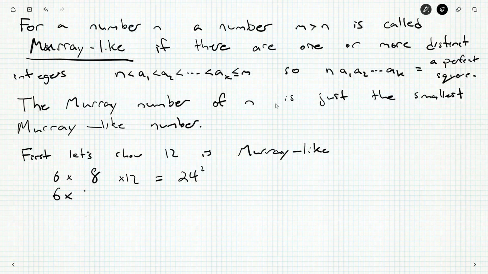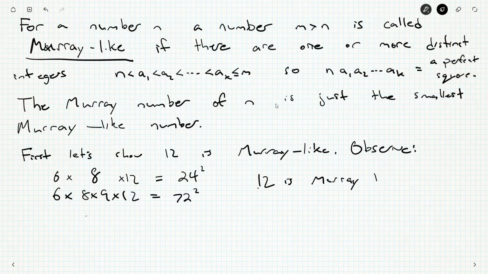Notice that we can also do this one, and that would give us an extra 3 here, so that'd be 72 squared. You don't have to, but it does show you that there are multiple ways to show that 12 is Murray-like. Either one of these will suffice. So 12 is Murray-like.